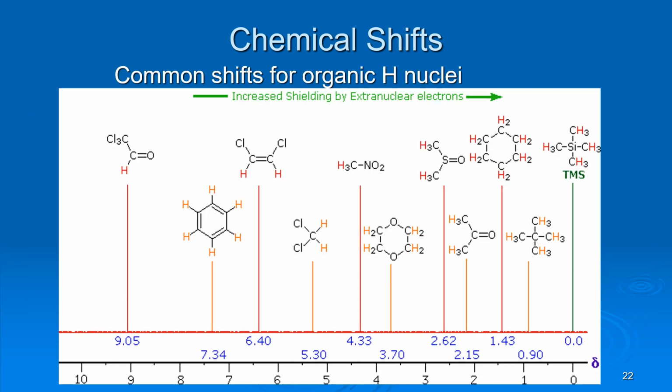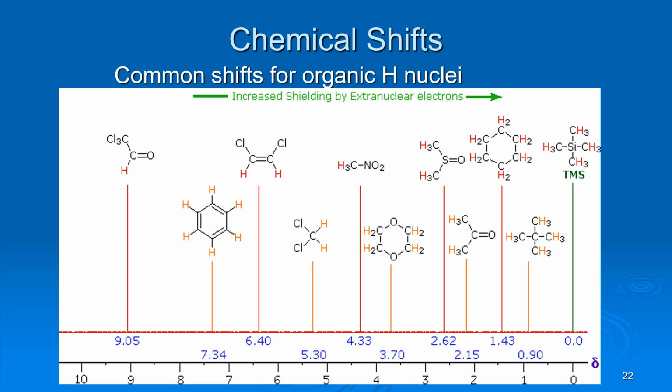So here, this is a little bit more important and probably a more helpful picture for you. This shows you the region of the spectrum, the ppm line, that shows the organic hydrogen nuclei.